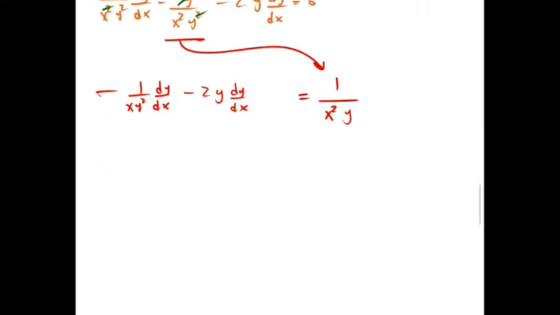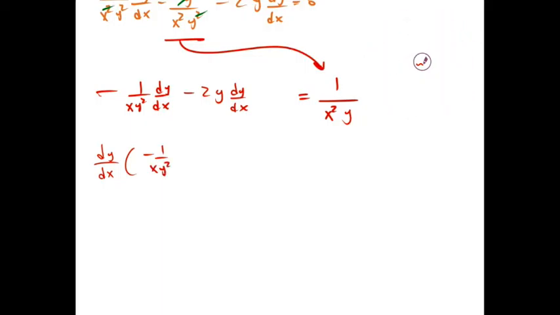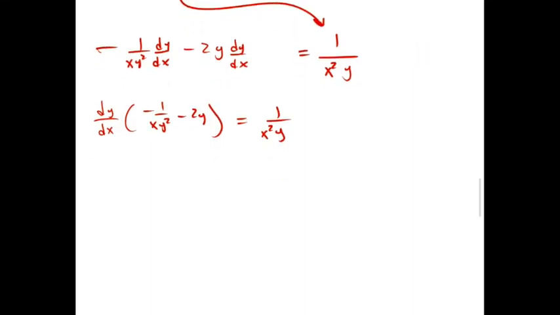Let me factor out dy dx. We get a negative x y squared minus 2y equals 1 over x squared y.